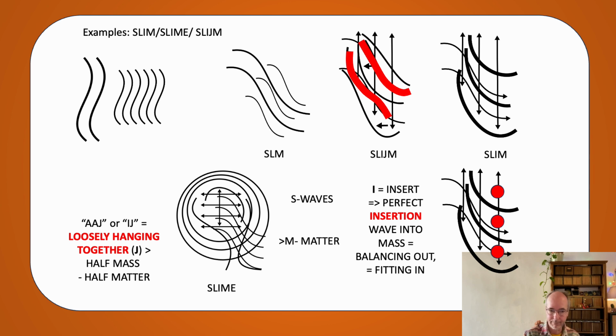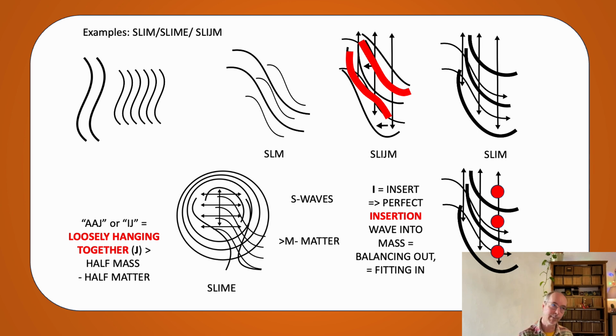The SLIM is another thing, which is another contradiction. E is the letter which means something will fit in, and it will also fit in perfectly. It will be an insertion. The wave will fit into the mass and will balance out to try to fit in. That's another weird thing.